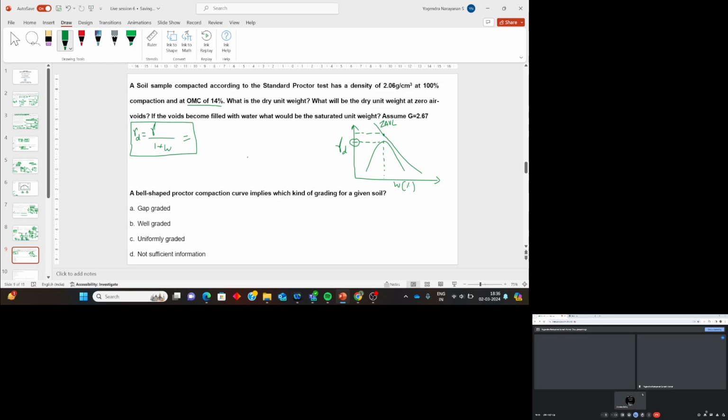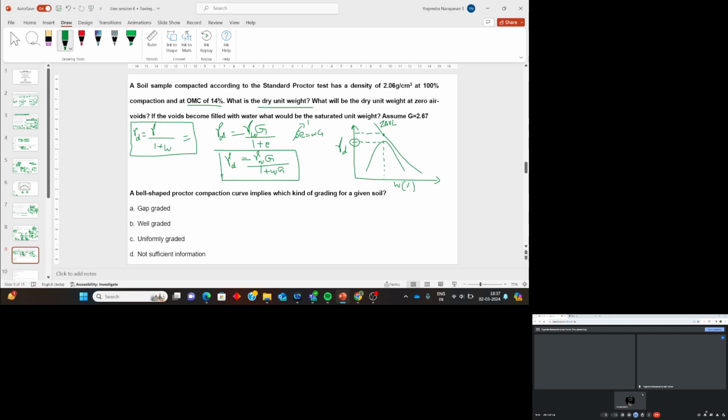Dry unit weight at the zero air voids line will follow this relationship: gamma W into G divided by 1 plus E. In this case, S E equals W G, S is 1, and you can solve by 1 plus W G. Are you able to get it?